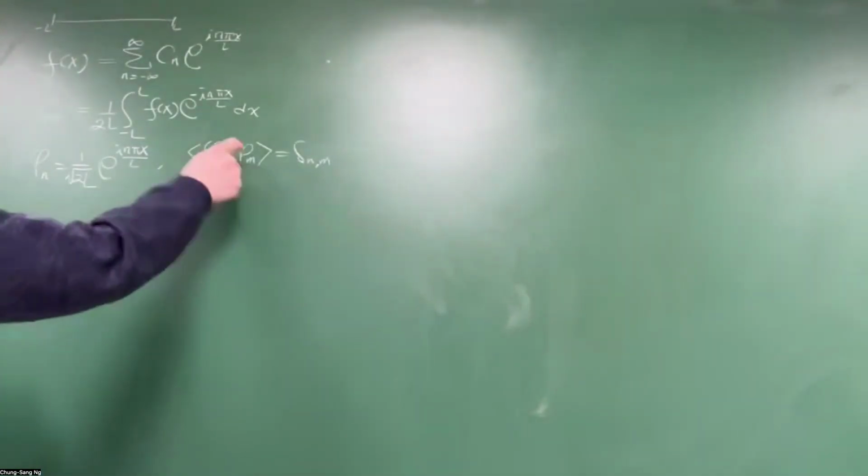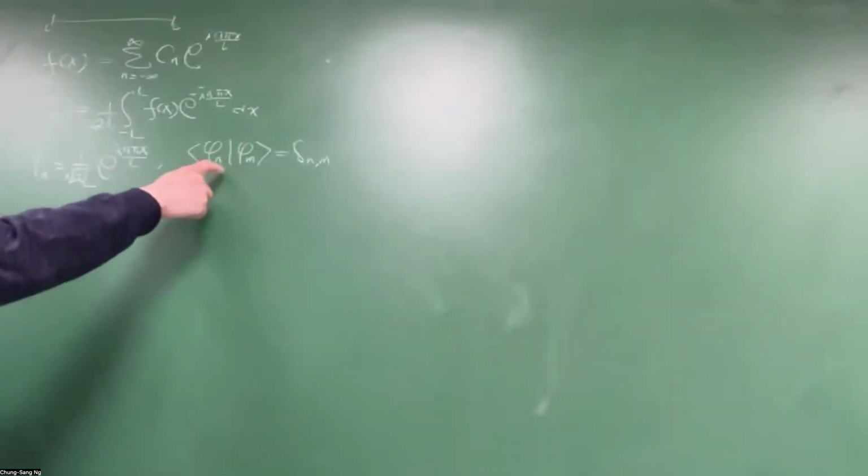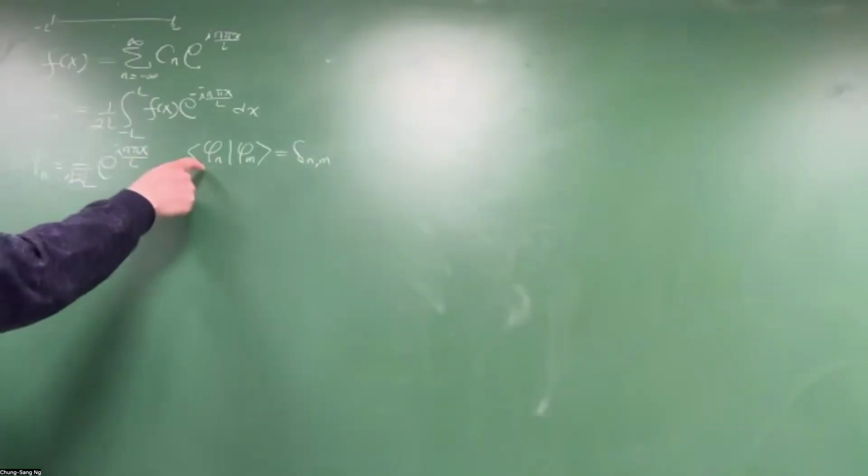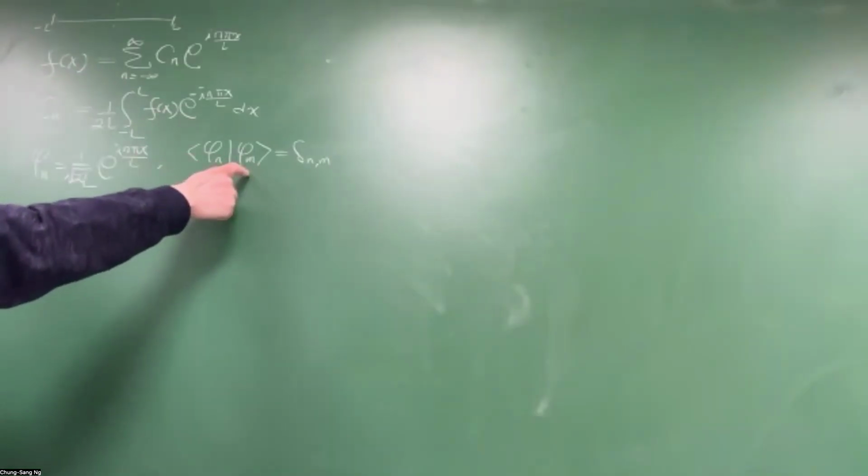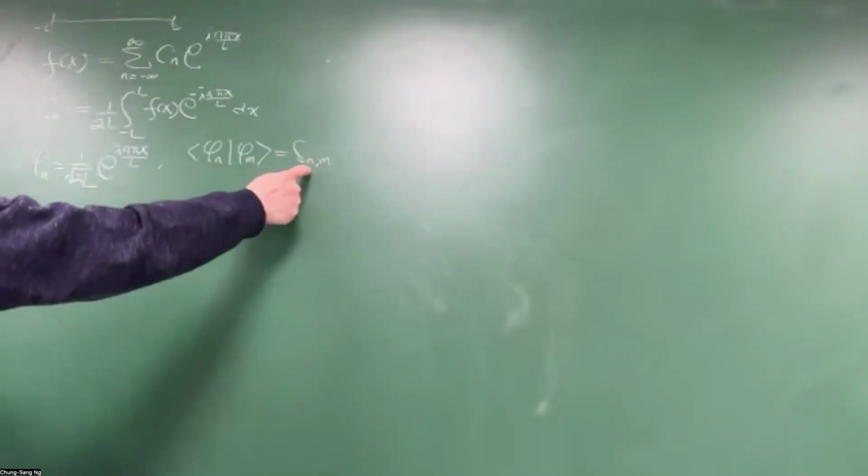Okay, so now we can see what happens when we go to the L to infinity limit. We look at that and see what will come out, because when n equals m, this is a discrete mode, but when we go to the limit, remember that we change n pi over L as k, and then this becomes an integral, and this is no longer a discrete mode.